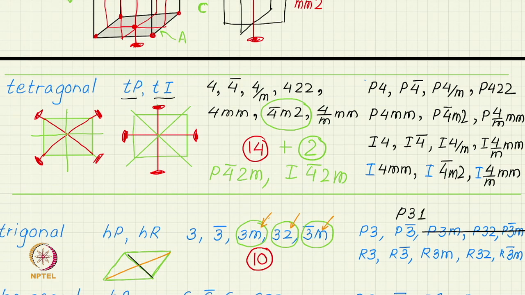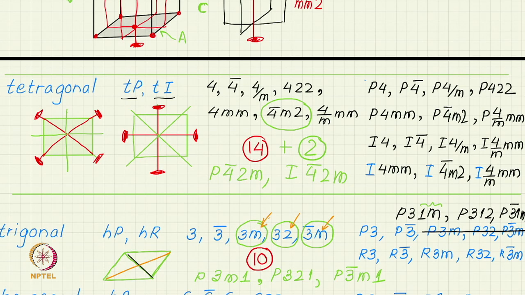So, in one case it will be written as P31M, P312 and P3 bar 1M, and in the other case it will be written as P3M1. So, M and 1 and 1 and M, they are changing place, and by their changing of place different space groups are getting created, P321 and P3 bar M1.